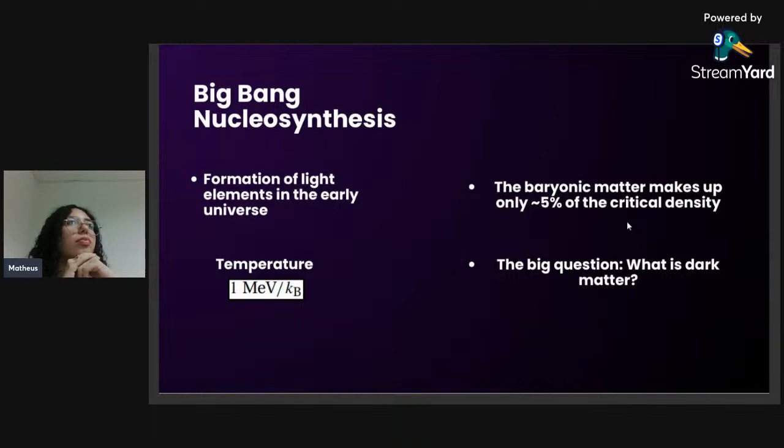The critical density is just the density of all the material inside the universe for its geometry to be flat. So it is approximately flat, and you can consider this to be the density of the universe.